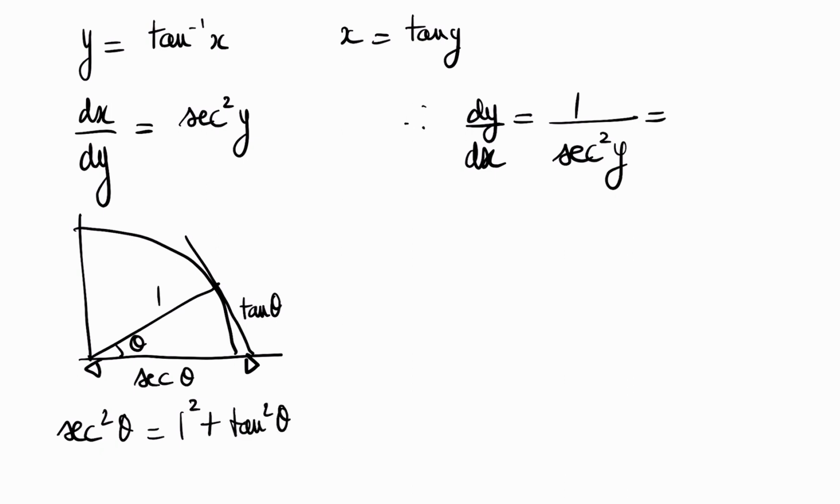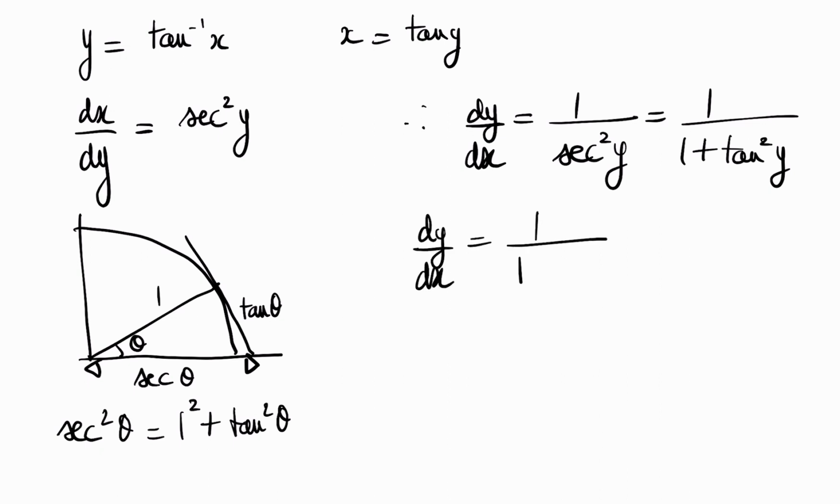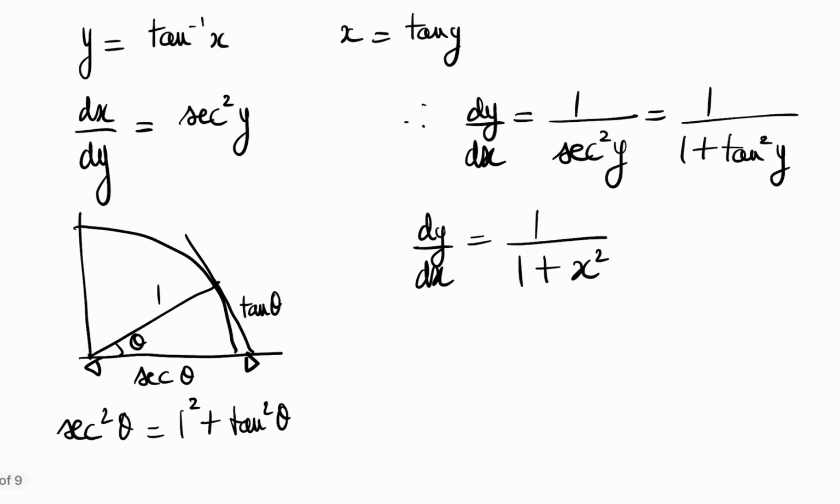So secant square is equal to 1 plus tangent square, so it's 1 over 1 plus tangent square y, and tangent y is x, so therefore dy over dx is equal to 1 over 1 plus x square. This one is also in the formula sheet.